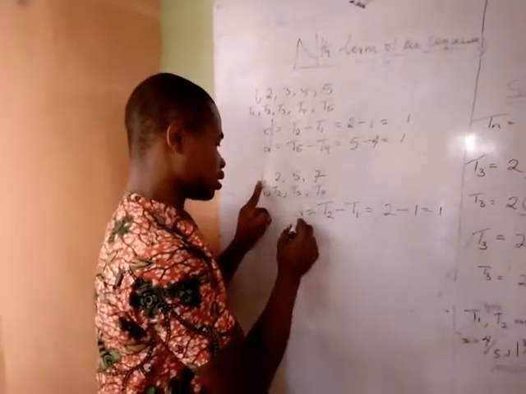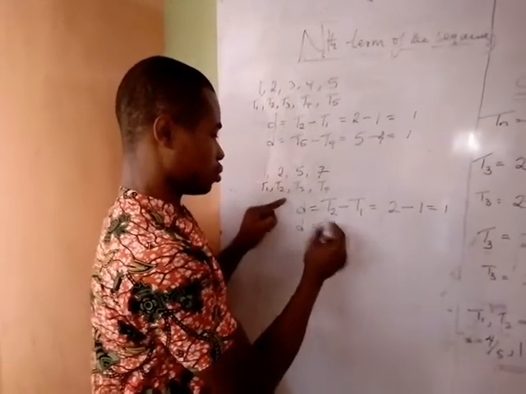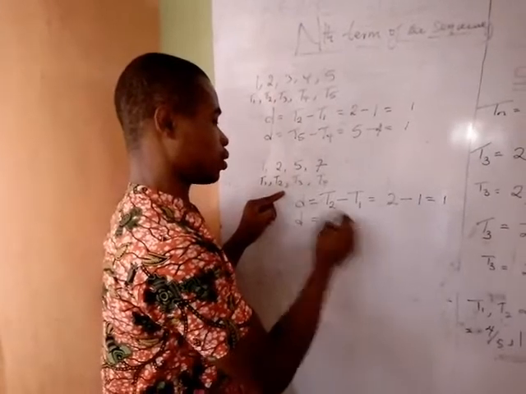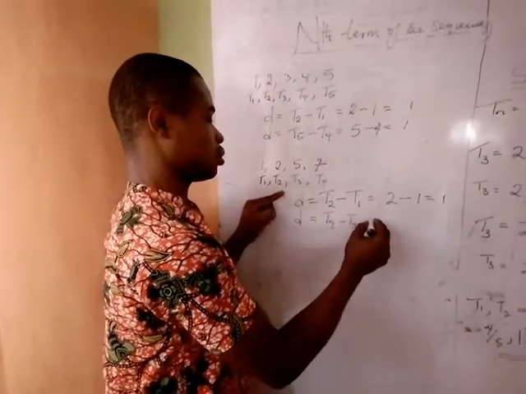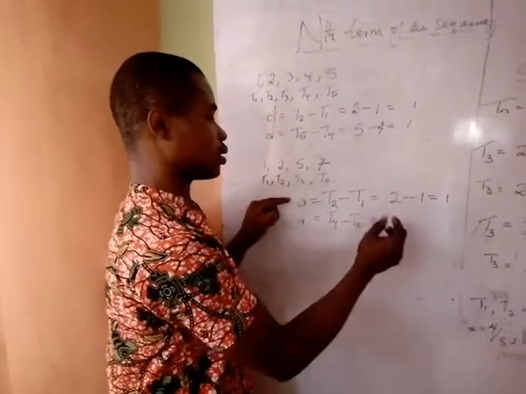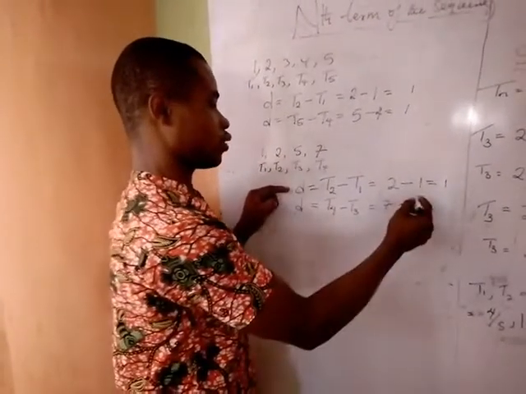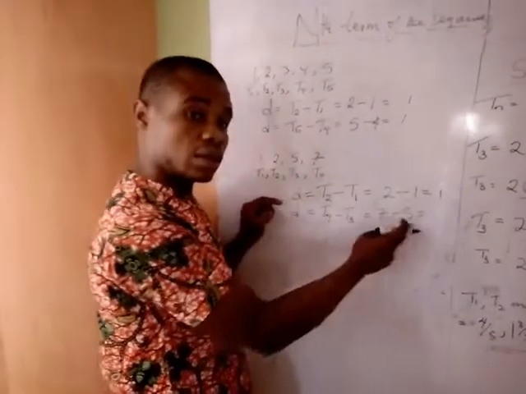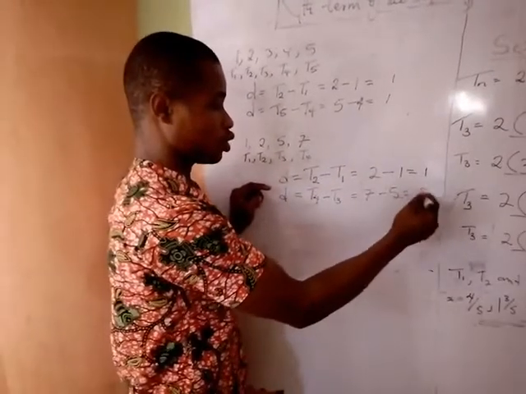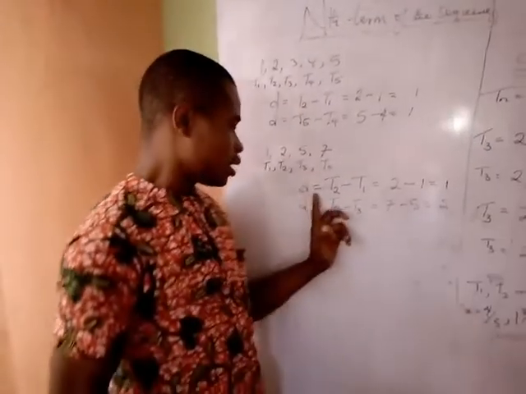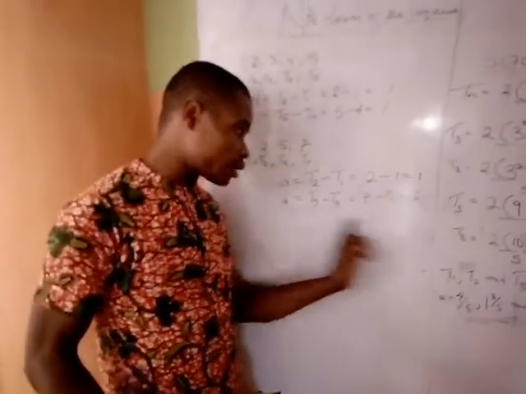Now let's take the next difference, D, using the higher T4 minus T3. T4 here is 7 minus T3 is 5, so 7 minus 5 will give you 2. So the first difference is 1, while the second difference is 2.